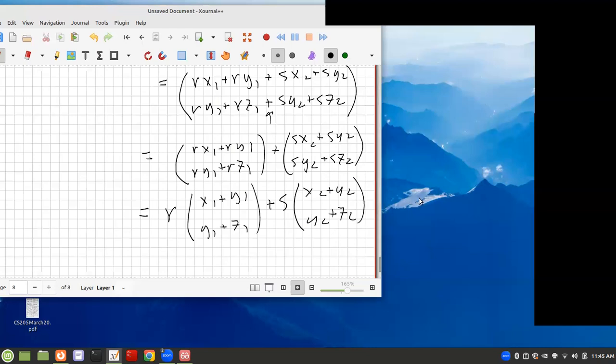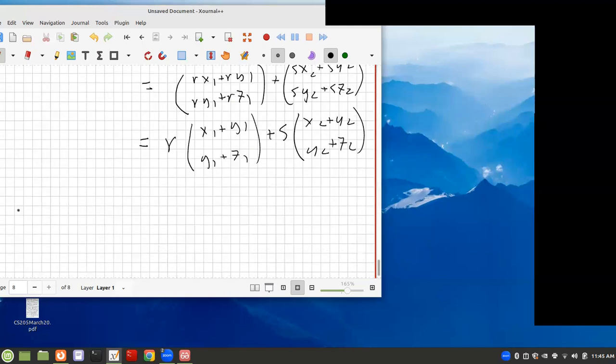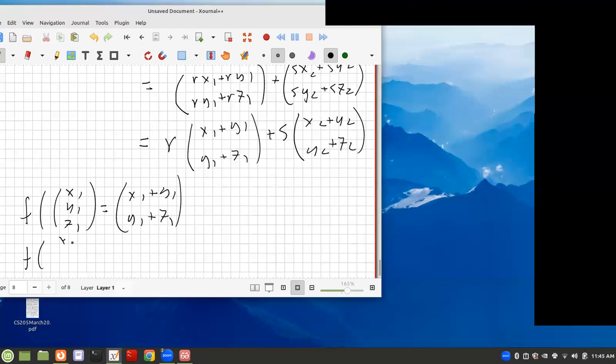And if you notice now, the image of x1, y1, z1 equals x1 plus y1, then y1 plus z1, and the image of x2, y2, z2 equals x2 plus y2, then y2 plus z2.